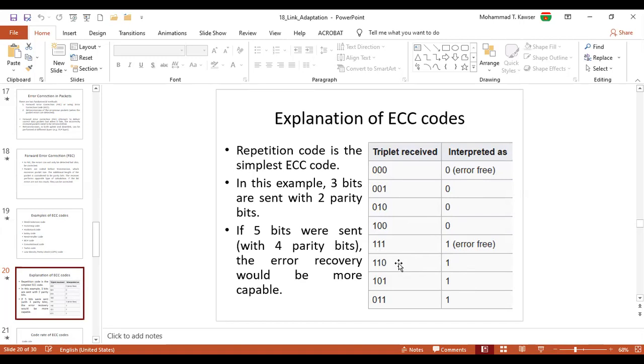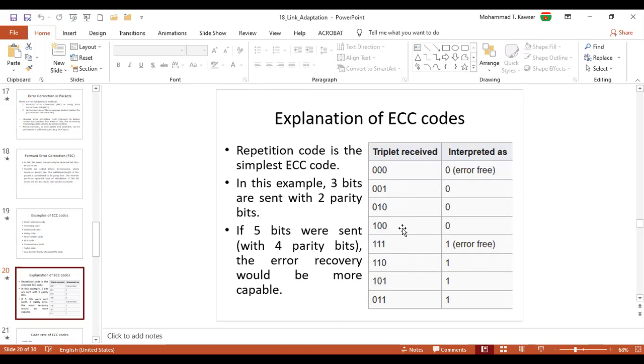Now the poor SINR can cause some errors, and the receiver may receive 1 bit flipped. So it may receive 001 or 010 or 100. One of the bits may get flipped on the way. The receiver will then consider that, well, I should receive all zeros, but they are not. Let me poll: I have more zeros than 1s.